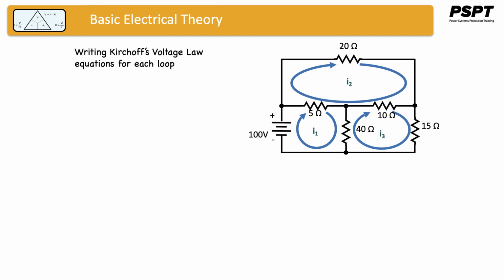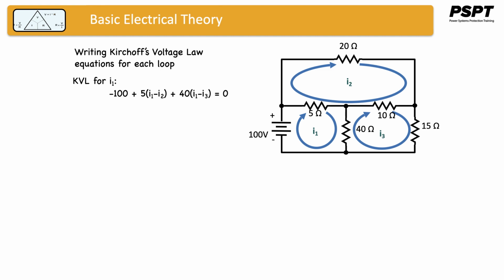We will now use Kirchhoff's voltage law to sum up the voltage drops around the loop. In fact, we're going to do it for each loop, but we're going to start with loop number 1, which is current number 1. The KVL for I1, starting with the power supply of 100 volts, the voltage drop of the power supply is minus 100 because it is a voltage rise, actually. So in our equation, it is minus 100.